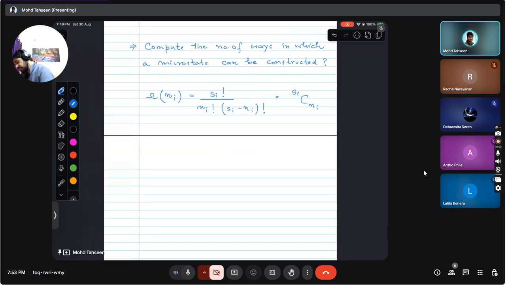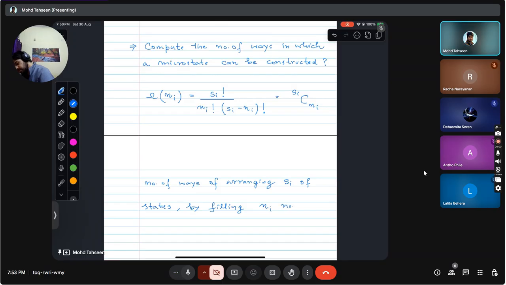And what it means is the number of ways of arranging Ni number of particles in Si number of states by filling Ni number of states at a time.